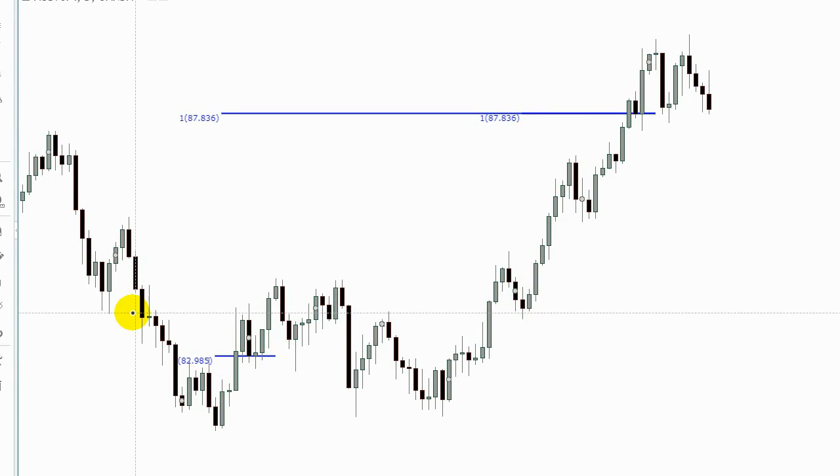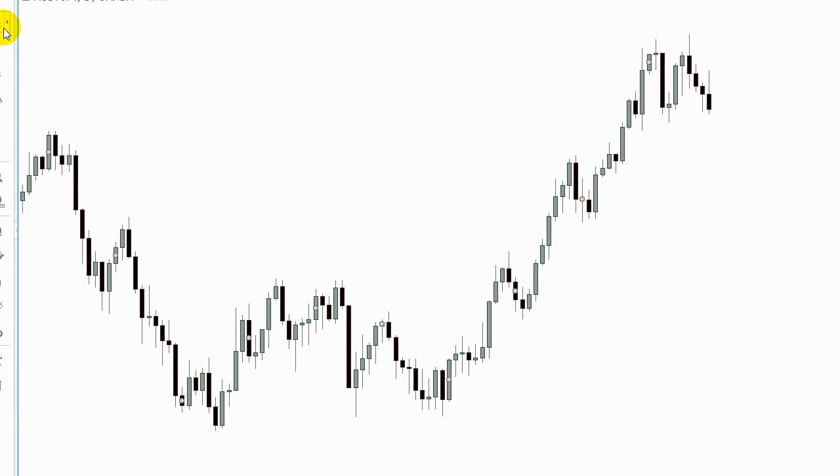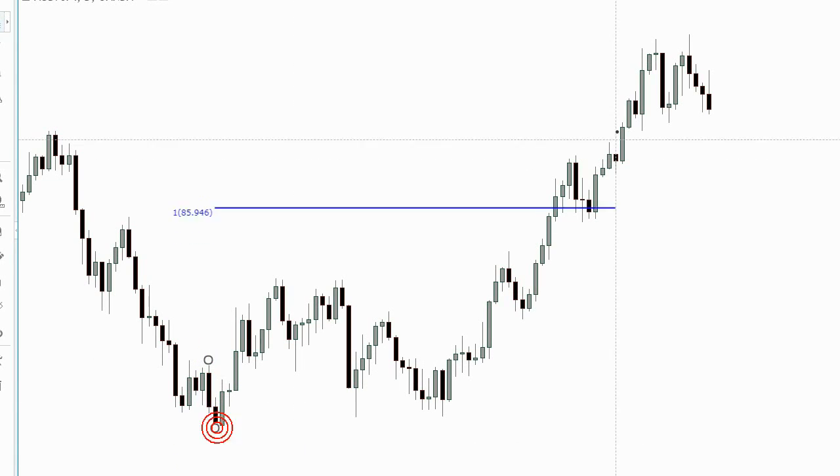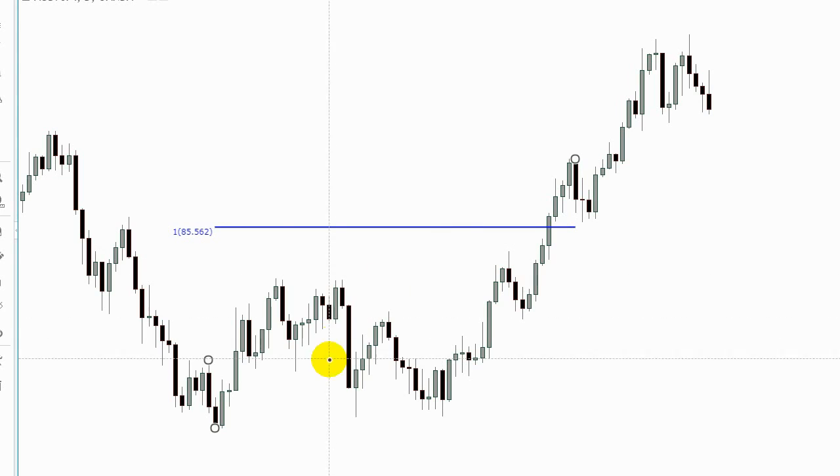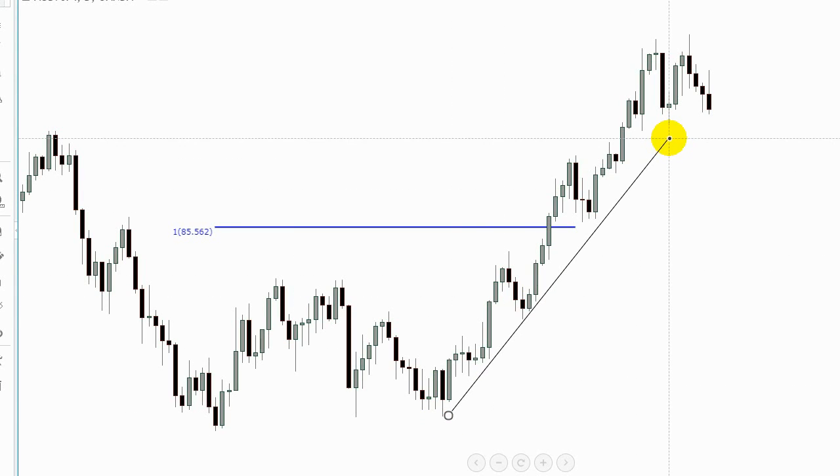This one, let me just clear it up here. There we go. So you notice this swing down here is the same as this swing down because we projected this one from here. So what you're doing as a trader is you're going to look at this level as price is pulling back, and confluence is what you want to see, right? Whatever you look at for confluence, maybe you're just looking at an upsloping trend line.